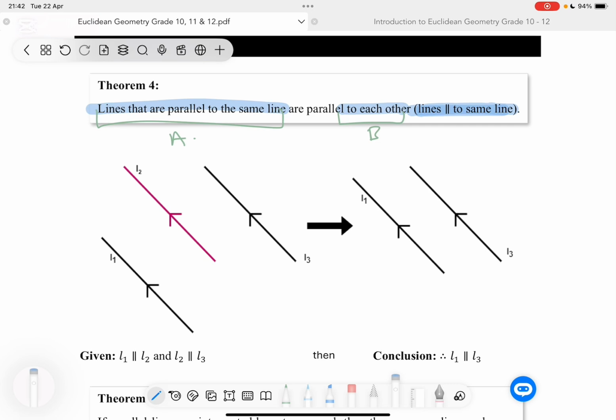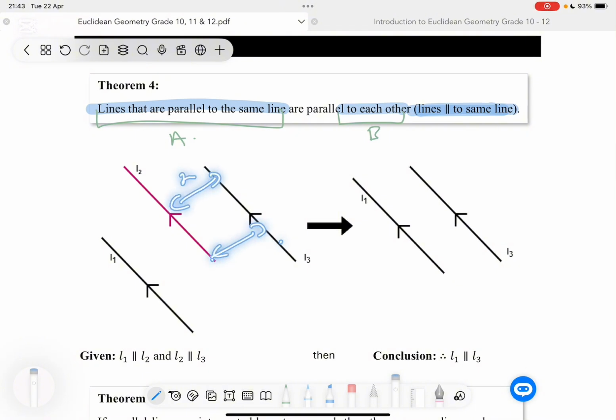Now, another way of looking at this is to acknowledge that if we say line L1 is parallel to line L2, it means they will never cut each other. The distance here is the same distance D. And also when we say line L3 is parallel to line L2, it means the distance here is the same.